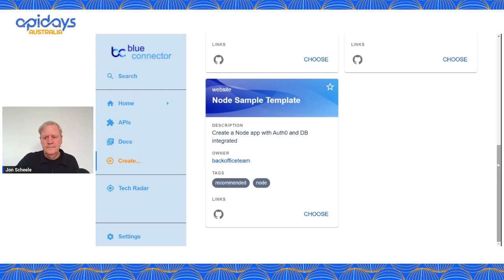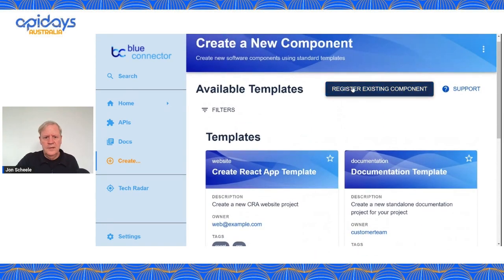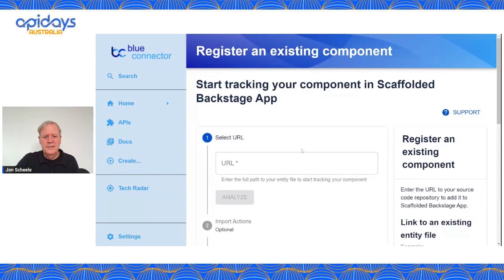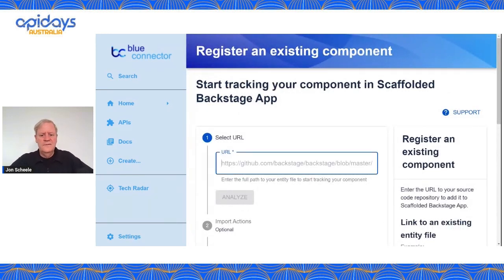Where are we going? Okay, I'm going to register a new existing component. I'm going to give it a URL that's going to create a new GitHub repo within my organization's GitHub account. I'm going to put the full path.